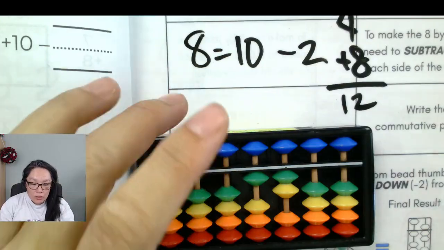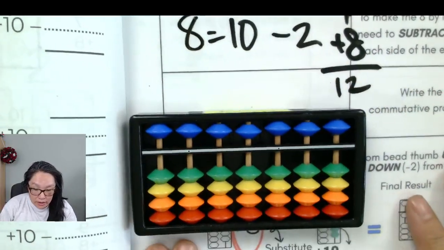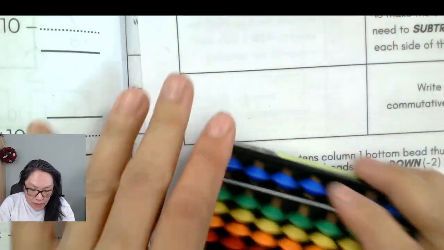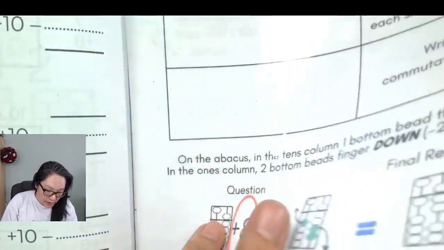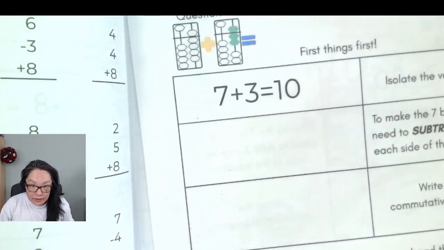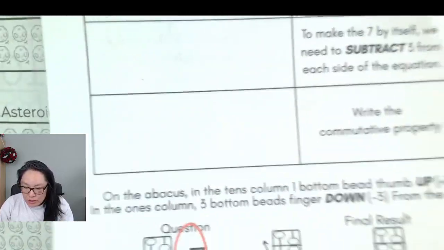Okay. So we're going to continue on with adding. When we add the 9, right? Okay, good. So when we add, we have a whole slew of questions. So if you look, we have 7. We can do the same thing with the 7.